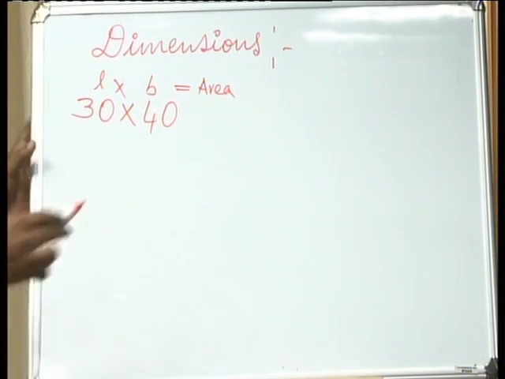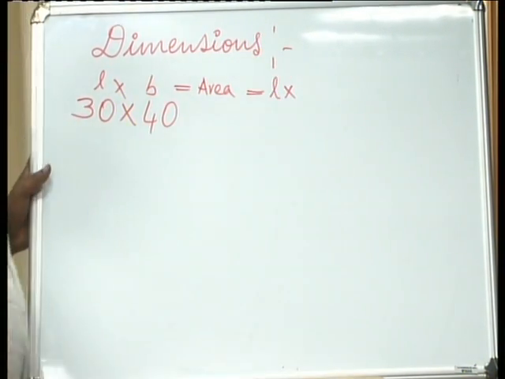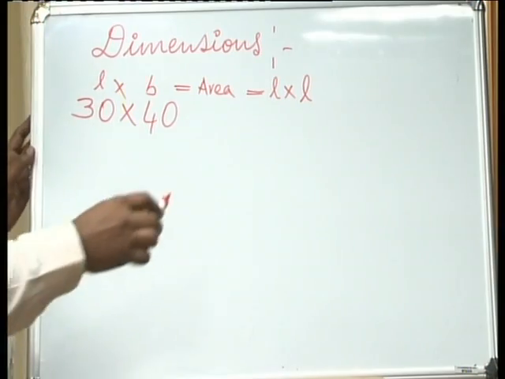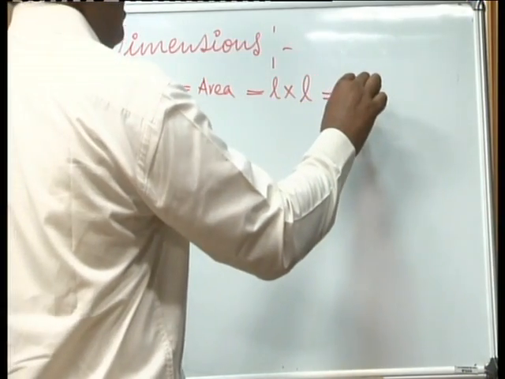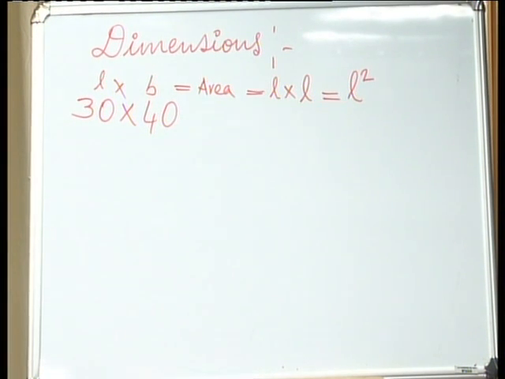Now, the question is: length is L, and breadth is another form of length. So, instead of B, I want to write L for my convention. L into L, you can say L square. So, what is 2? 2 is the power raised on the L. What is L? L is the fundamental quantity. So, that 2 is called the dimension with respect to this example. So, then what is the dimension?